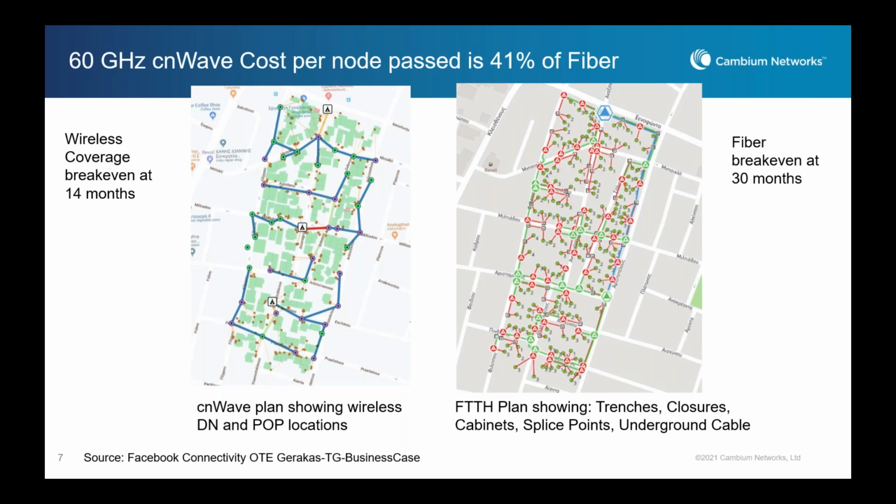And you can also get that deployed much more quickly, often in a matter of days or a couple of weeks versus months to deploy fiber, because you have to wait for building permits and trenching and everything else to get done for that more complex fiber plan. So you really can see the benefit, and you can see the much smaller amount of equipment on the left, a lot less digging and trenching, obviously really no digging and trenching, and then you can get a much lower cost deployment with wireless and 60 gigahertz cnWave.